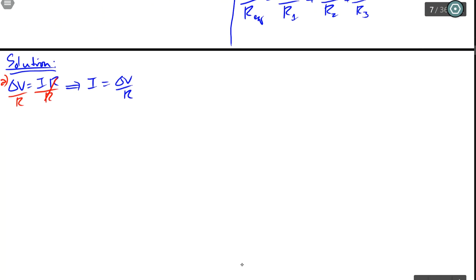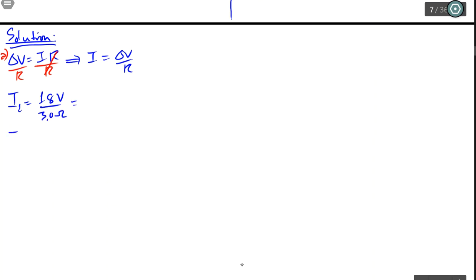Okay, so I'm just going to go ahead and pull in the numbers here. For I1, it's going to be 18 volts over the resistance. I2, still 18 volts, but now twice as much resistance.